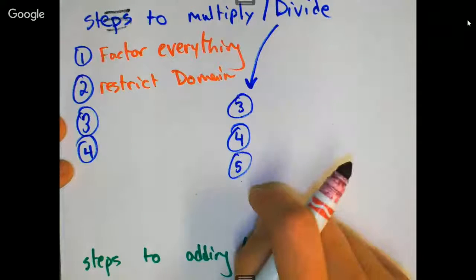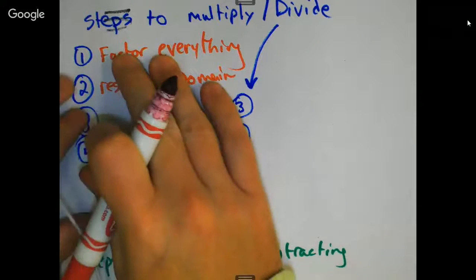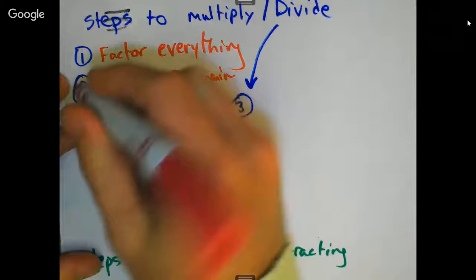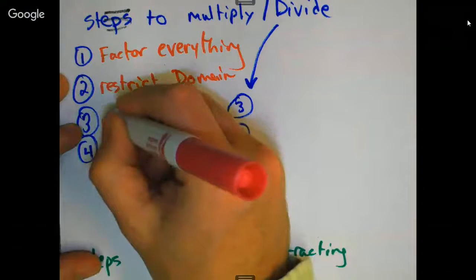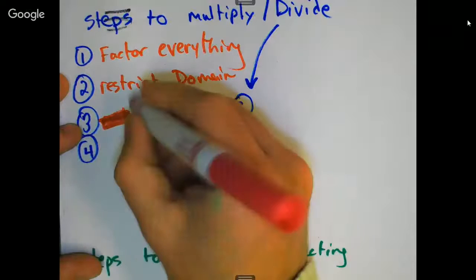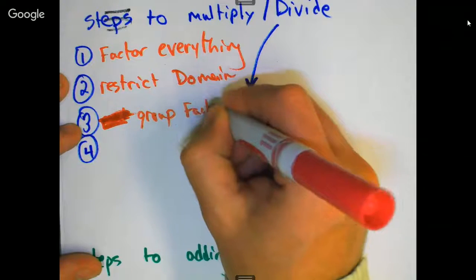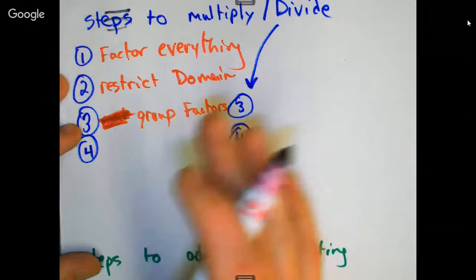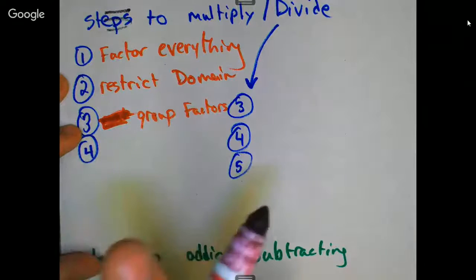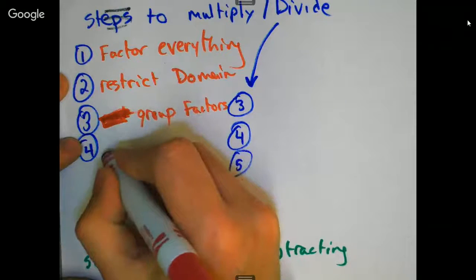Now for multiplying, now that we've factored everything and restricted our domain, you're going to multiply straight across. Let's just say group factors, because you're not actually going to do the multiplying, and I'll explain that in class. And then you are going to cancel.